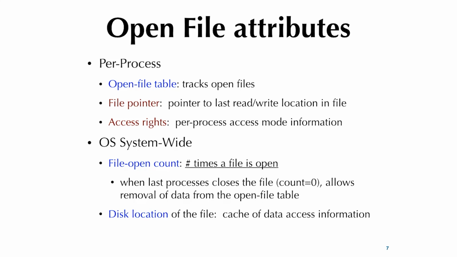Every time somebody calls an open, you increment the count, so that you keep track of how many processes are currently accessing this. And when the last process closes that file, the count becomes 0, then the OS can remove that entry from the system-wide open file table.